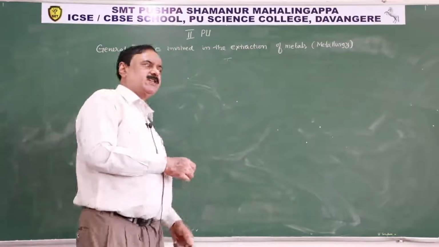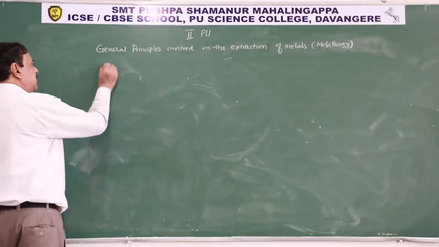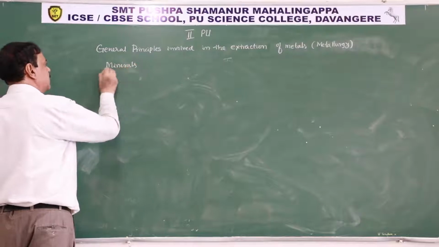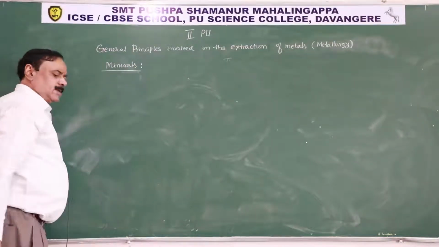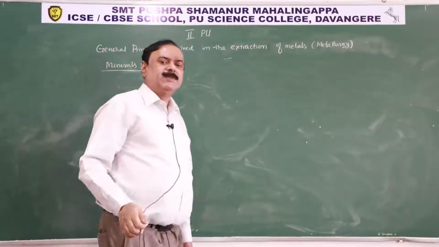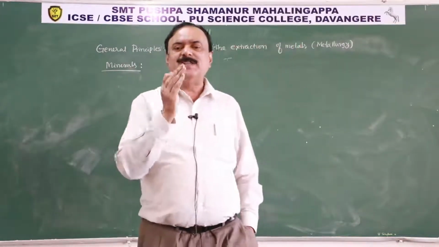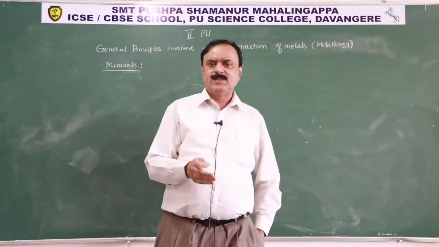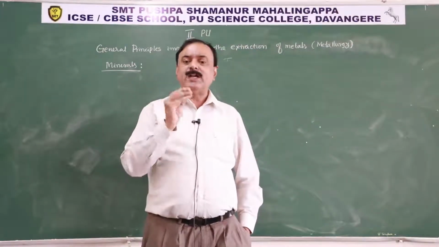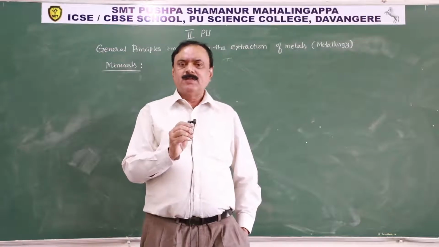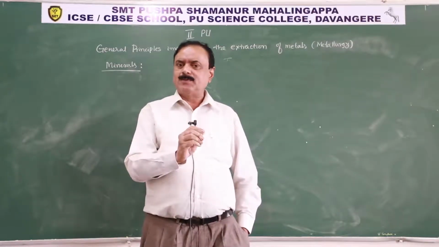Now, definition of the terms. What are minerals? These are the naturally occurring elements or naturally occurring metals that are found in the surface of the earth crust and obtained by mining. This is called a mineral, a naturally occurring metallic compound.